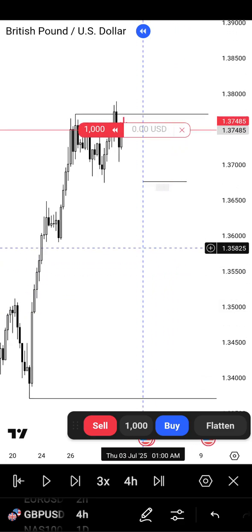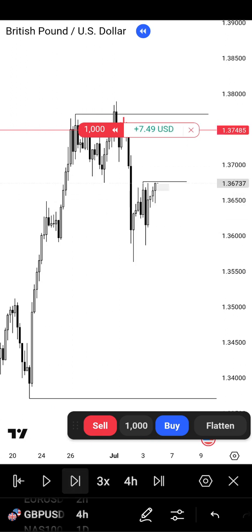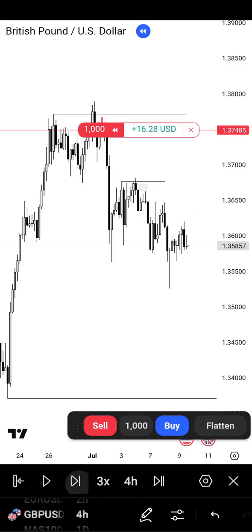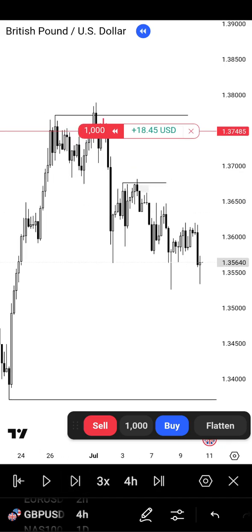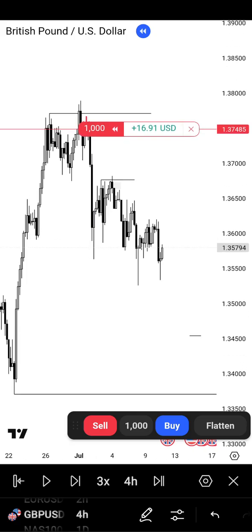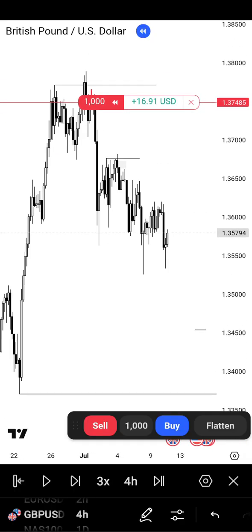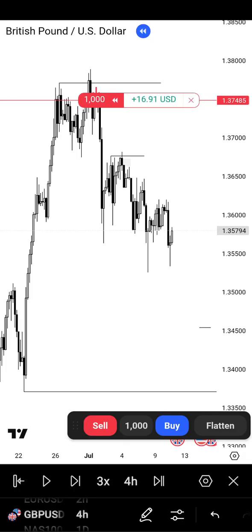So let's see. As you can see, 50% of the range is already met, right? And as already told you guys, once you reach 50% of the range, once the 50% is taken, you take off partials, right? By partials means that you take out a fraction of your position.